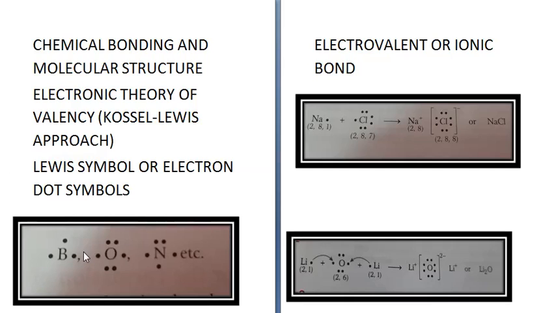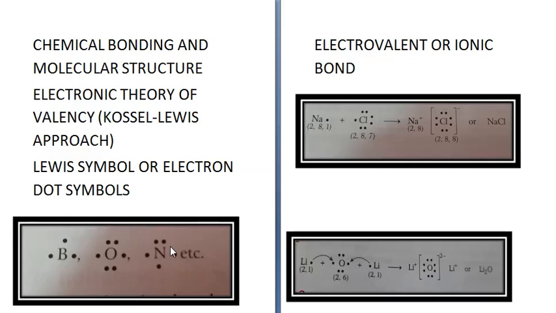Like in case of oxygen, the number of electrons is 6 in the outermost shell, so valency will be 8 minus 6, that is 2. In case of nitrogen, the number of electrons is 5, so valency will be 8 minus 5, that is 3. So this is how the valency is determined according to the Lewis symbol or electron dot symbol.